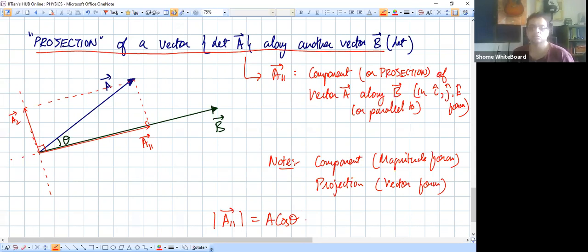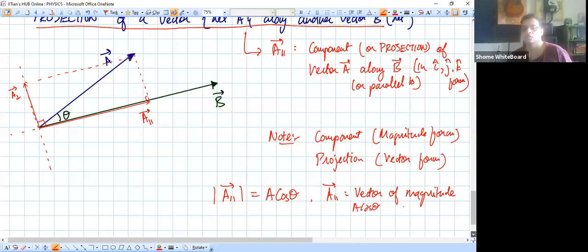So A parallel is a vector of magnitude A cos theta and direction parallel to the vector B. Okay.